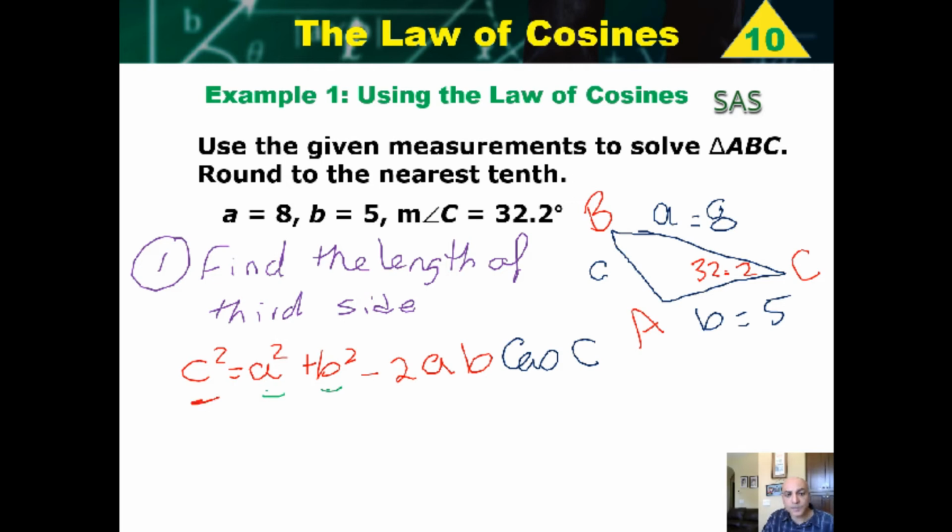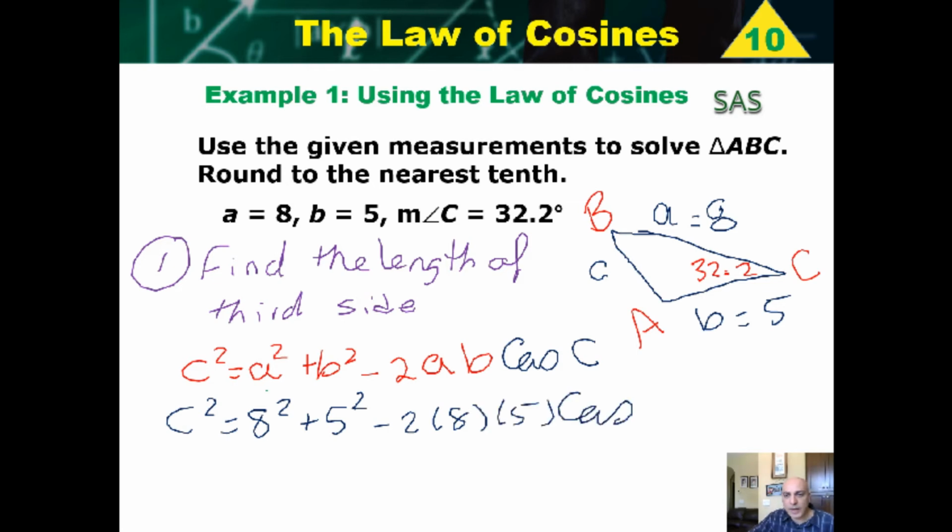I'm going to just plug in some numbers, and let's start with c squared, well, that's what you're looking for, I don't have that. a, well, I have a is 8. What's b? b is 5 squared, minus 2 times 8 times 5, cosine of the angle between them, or cosine of 32.2. Once you plug this into the calculator, it's going to be not too friendly.